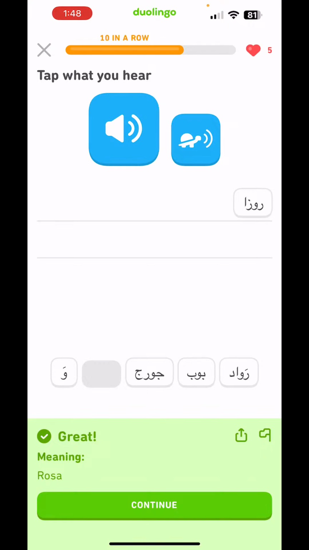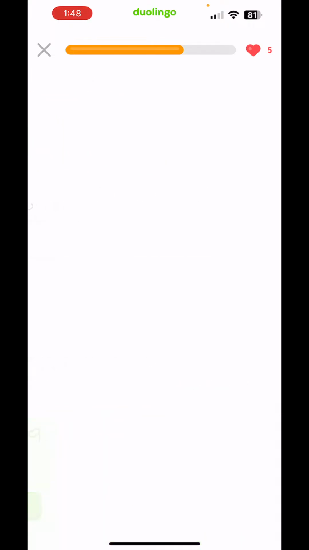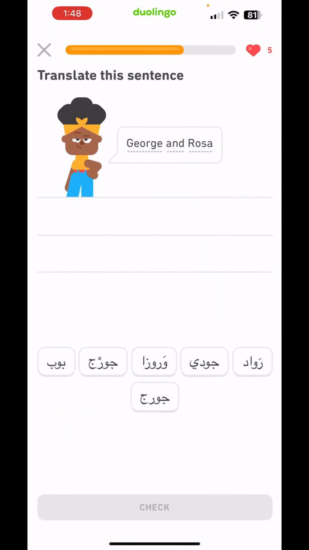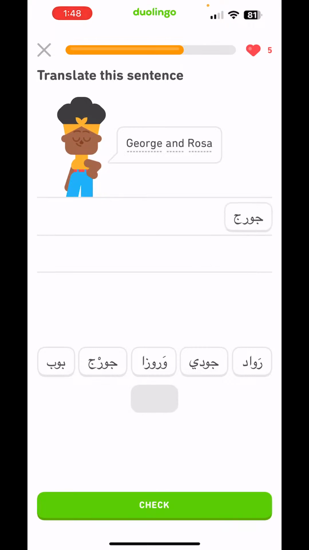It's more about how it sounds, which is interesting. George and Rosa. Okay. George, Rosa. Oh no, and Rosa. Yeah. Rawed. That's Rawed. Okay.